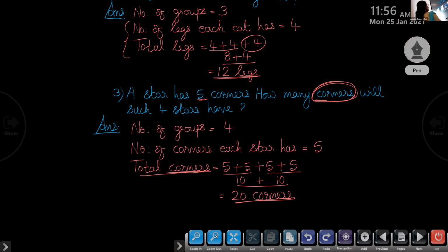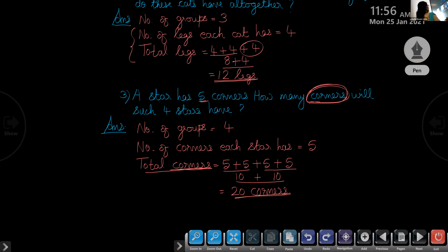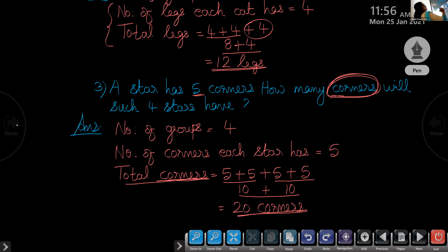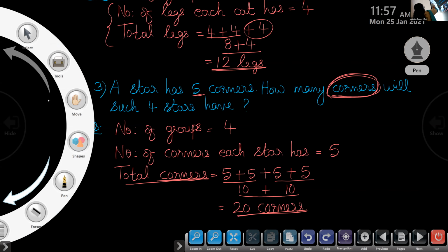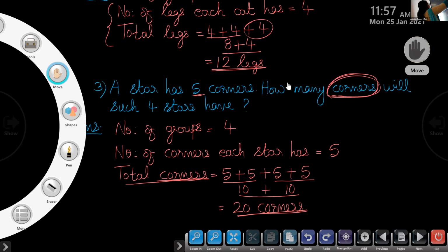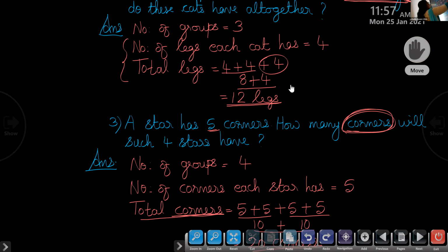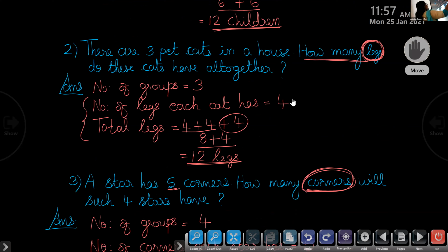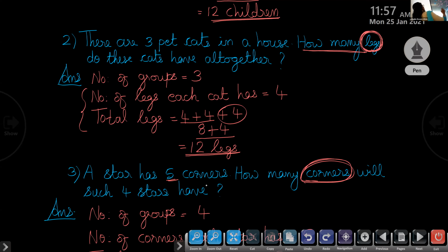So children, one minute. Fourth question, one more question is there that I will give as homework. On Wednesday, what you have to bring, that I will tell you afterwards, whether you have to bring the rough book or workbook. Now, look here. In the second one, it is told to find out the number of legs.